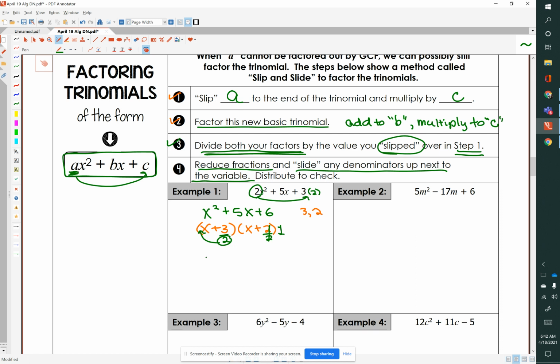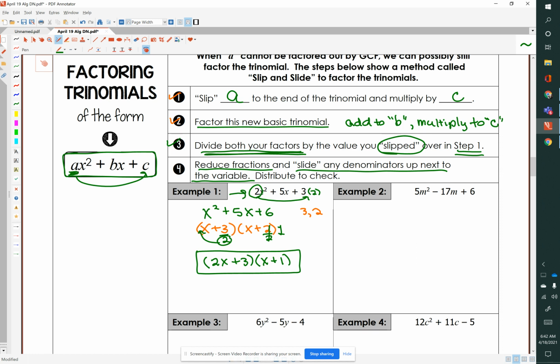So 2x plus 3, and then the right side binomial x plus 1. And that's the answer. And if you take 2x plus 3 times x plus 1, and you FOIL that, you will end up with 2x squared plus 5x plus 3.